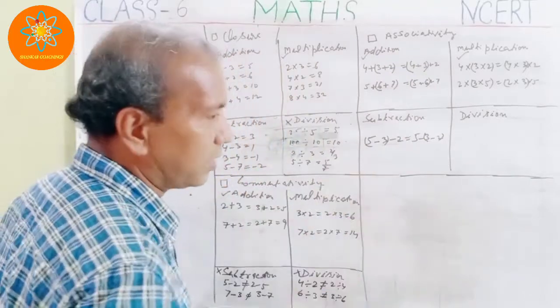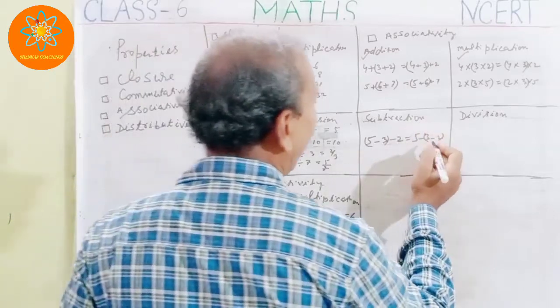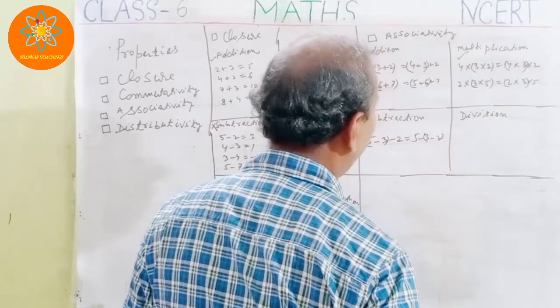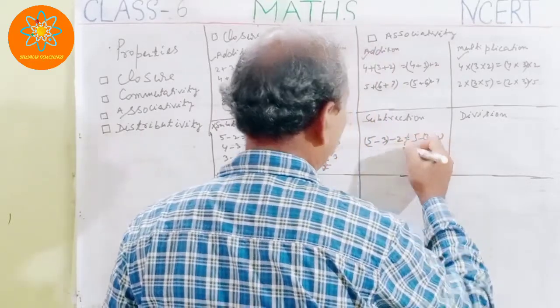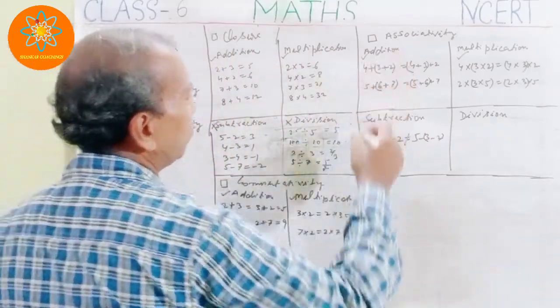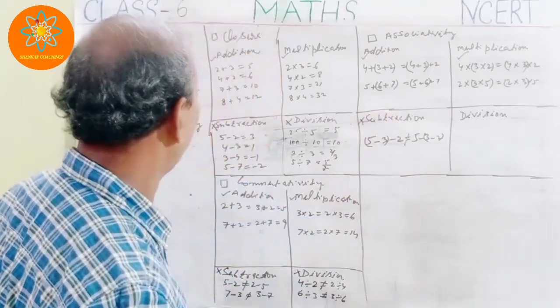So 5 minus 3 is equal to 2, 2 minus 2 is equal to 0. And here it is 3 minus 2 is 1, 5 minus 1, this is equal to 4. So it is not equal. So for the subtraction, the associative property is what? It is not true.